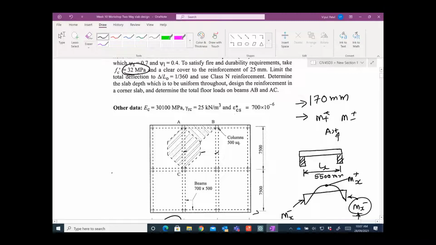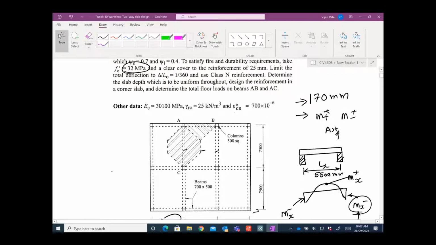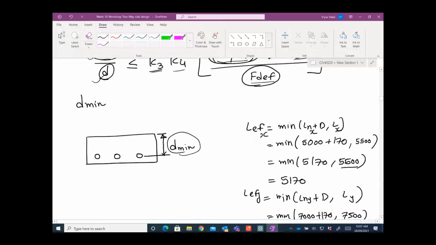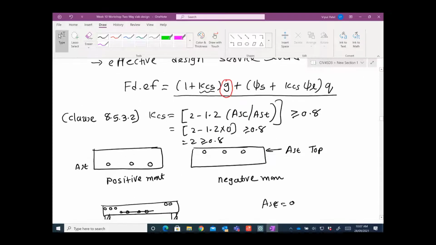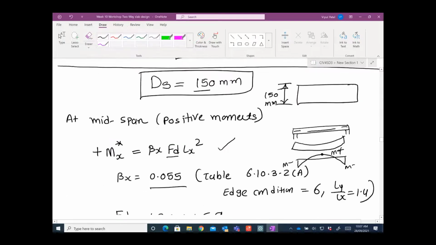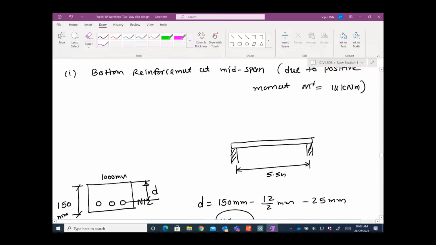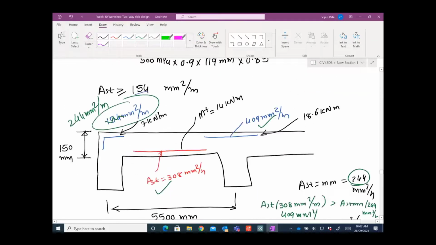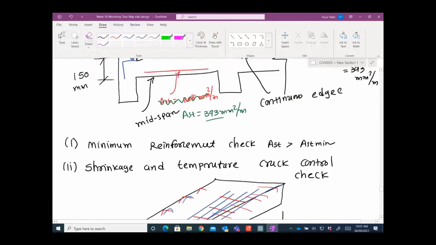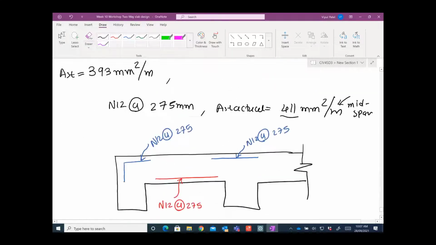Then you calculate the spacing. Now there was one more check. Sorry, I think it comes to my mind now that we need to do the spacing as well. The spacing that we provided should be okay, but we need to do the minimum spacing check.